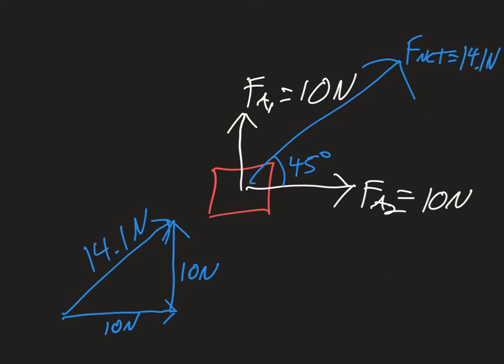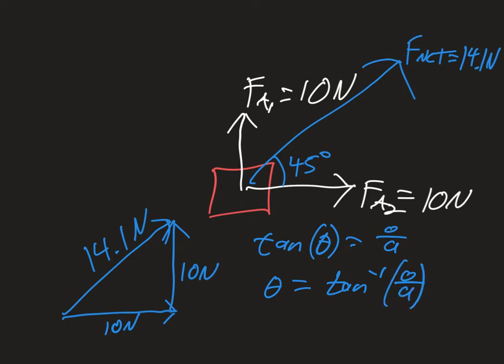And then I said 45, the way I did that is I just simply used our inverse of tangent rule. Remember that tangent of theta is equal to opposite over adjacent, right? And so I could say that theta, that angle, is equal to the tangent inverse of opposite over adjacent, or in this case, 10 divided by 10, which is 1.